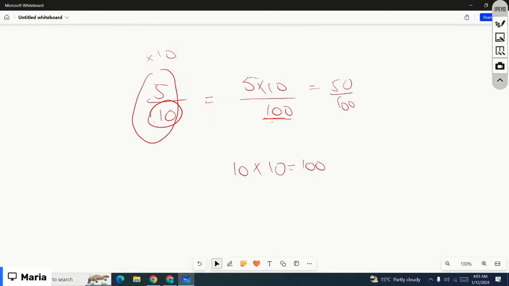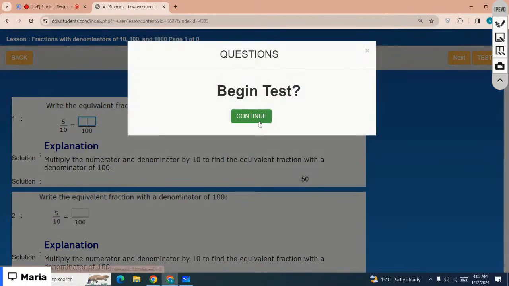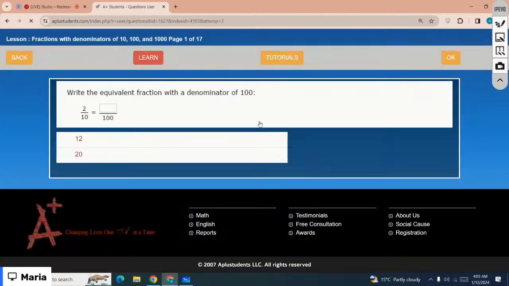So the equivalent fraction is 50 over 100. Got it? You have to multiply the numerator and denominator by exactly the same number. So the missing number is 50 over 100. Let's start with the test questions.